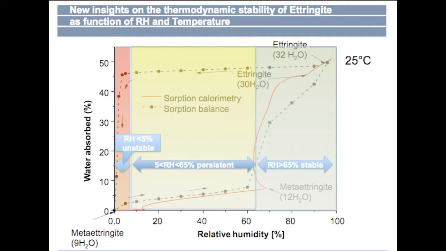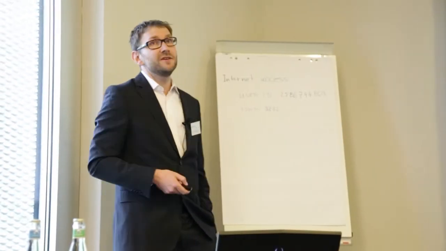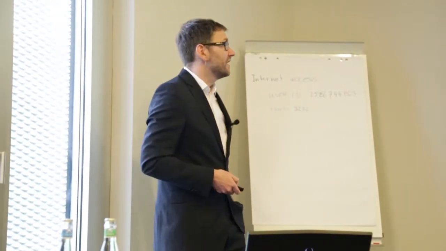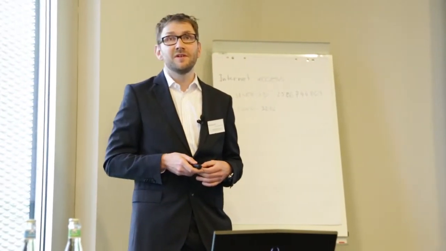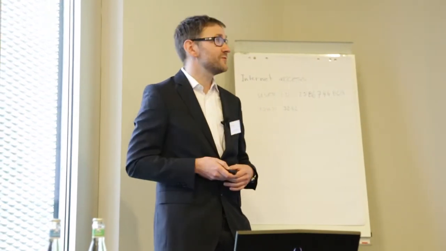Then there is a range from 5 to 65% where there's a bit of uncertainty, but if the system comes from saturated condition, we believe that ettringite is persistent, and at about 5% relative humidity, ettringite will finally decompose to meta-ettringite. And I think that, again, this opens up for us a new field of understanding complex phase relations, and also helps us to optimize our systems further.